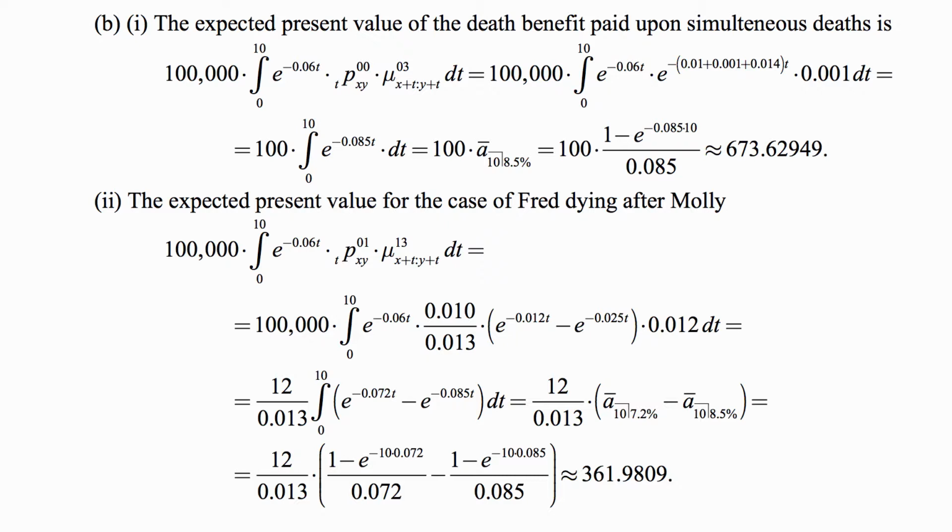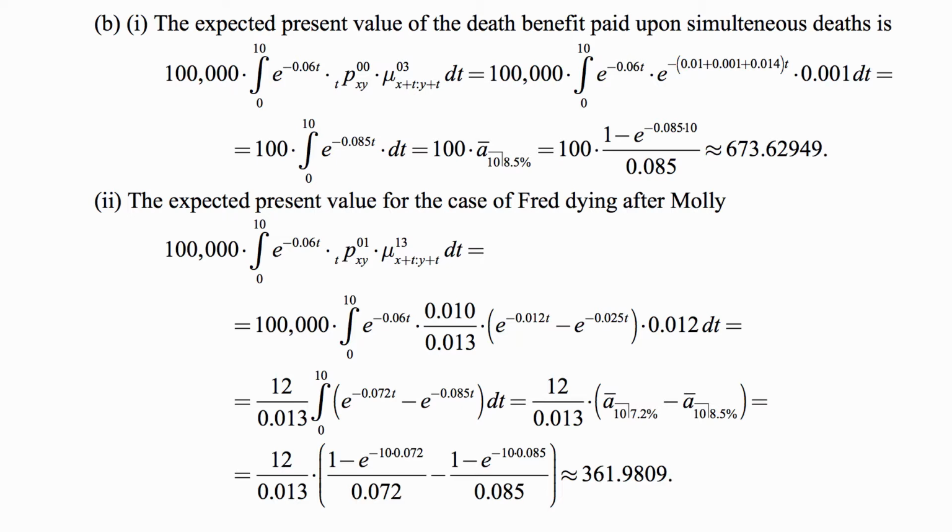For the second part of part B, the expected present value for the case of Fred dying after Molly, the benefit is 100,000 times the integral from 0 to 10 of the discount factor, e to the minus 0.06t, times tp01.